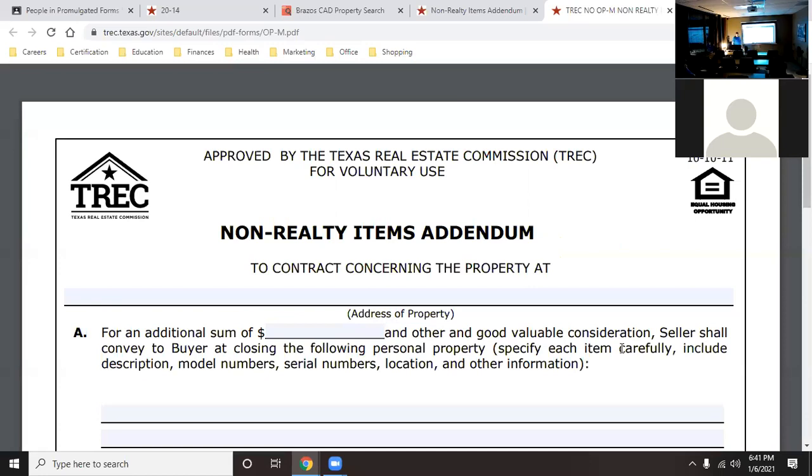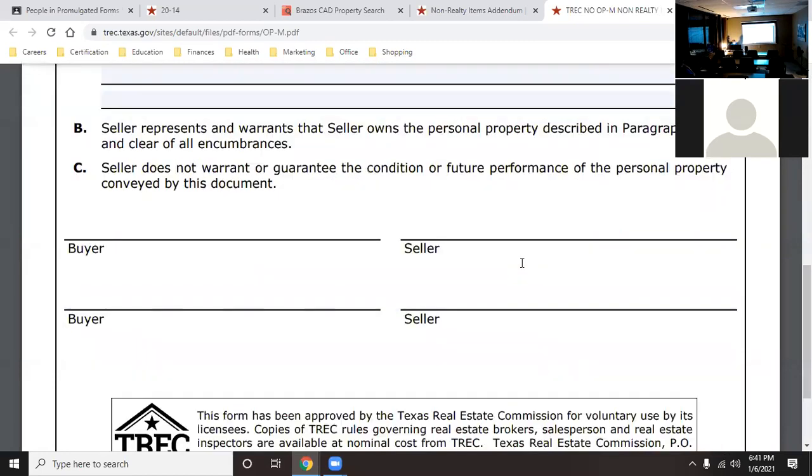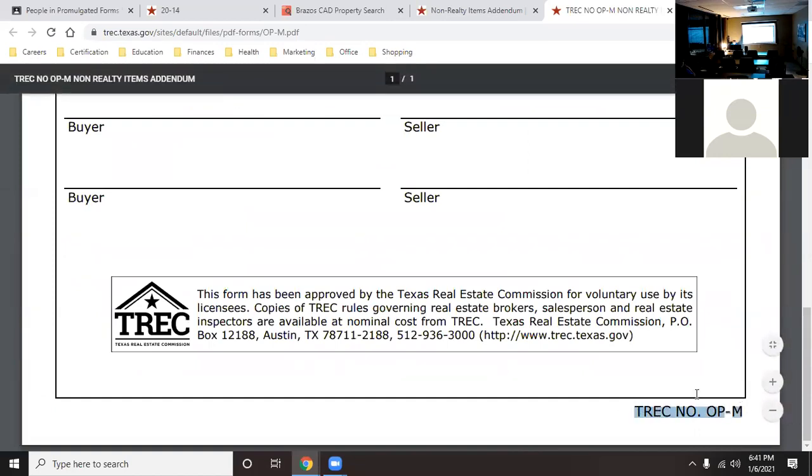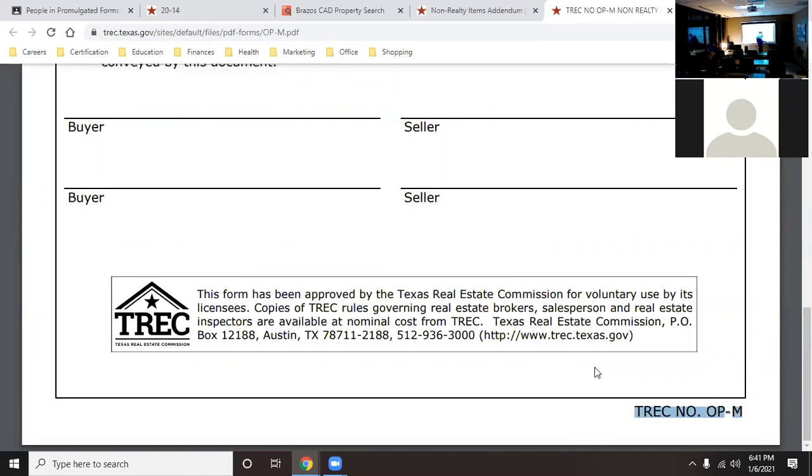But again, the key thing I want to reinforce to you all is that this is a voluntary use form. You'll notice right down here at the bottom, this one does not have a number.